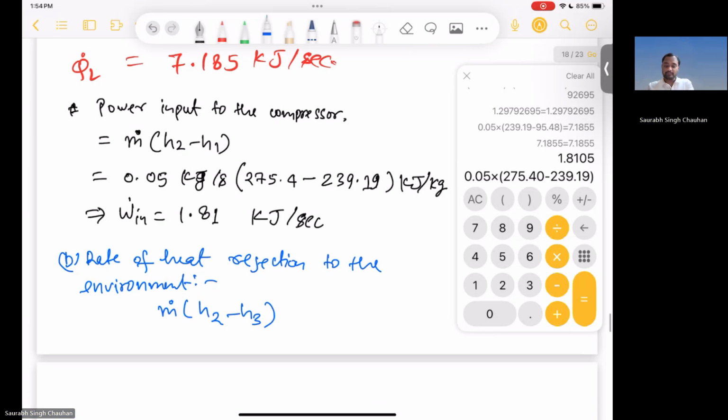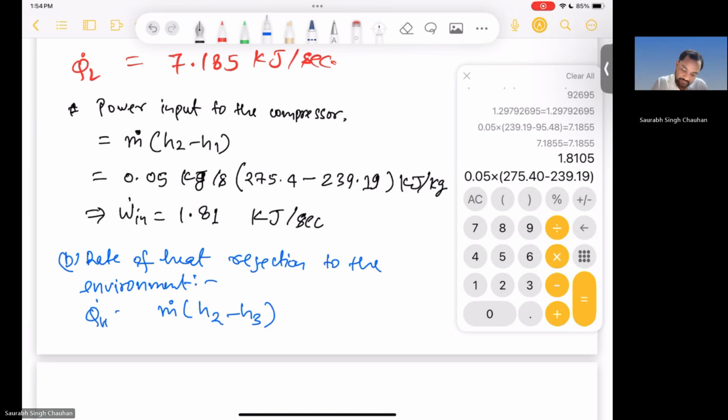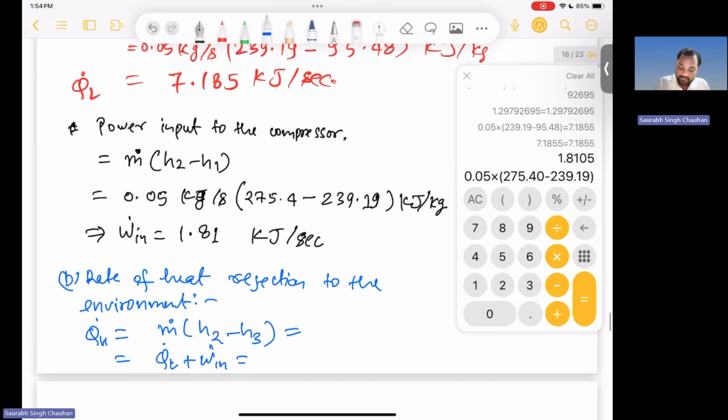And one more thing, you know that heat rejection is also equal to the heat removed plus work input. So from there also you can find the same value. And you can check by yourself that these values will be the same.